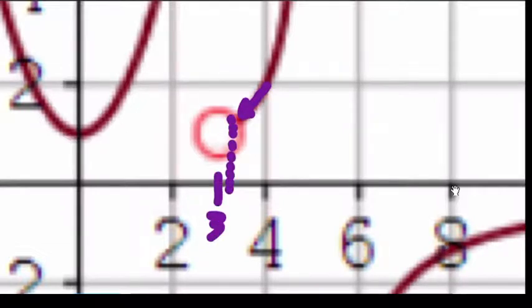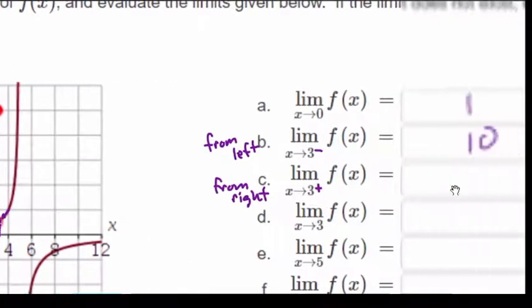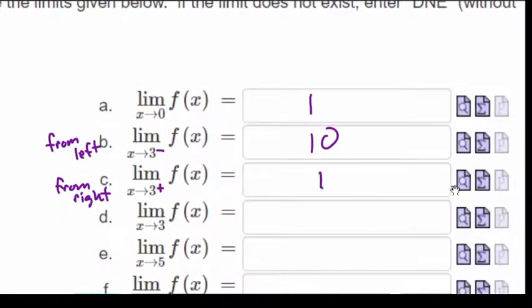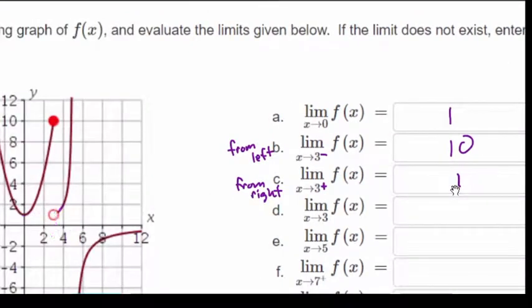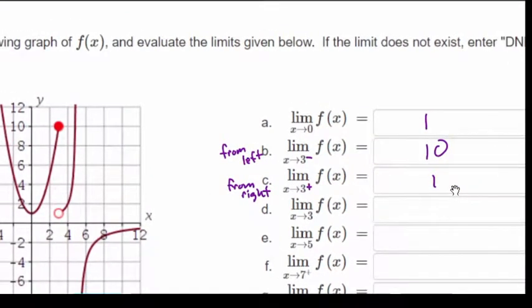What value are we getting really close to? Well, it looks to me like we're getting really close to 1. So what is the limit as we approach from the right? It's going to be 1. And notice these don't match, but that's okay, as long as they both exist. We're just finding them from the left and right anyway, so it's fine that they're different values.